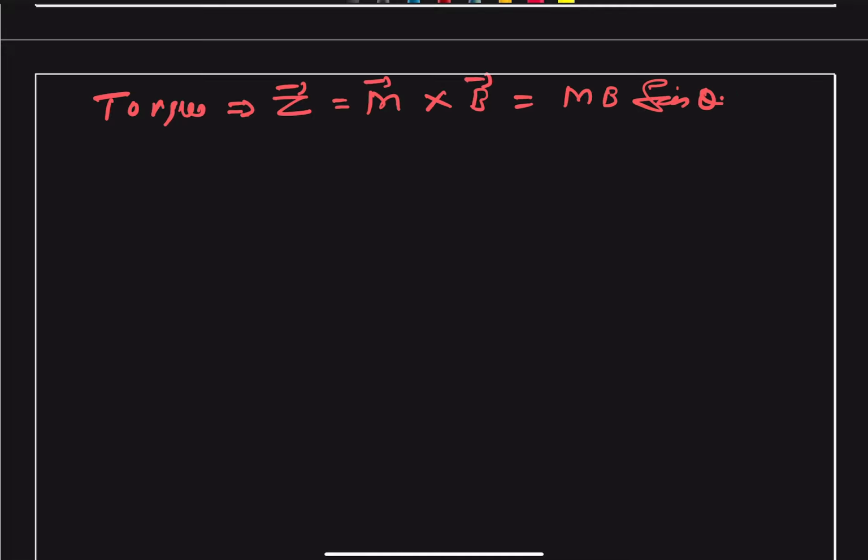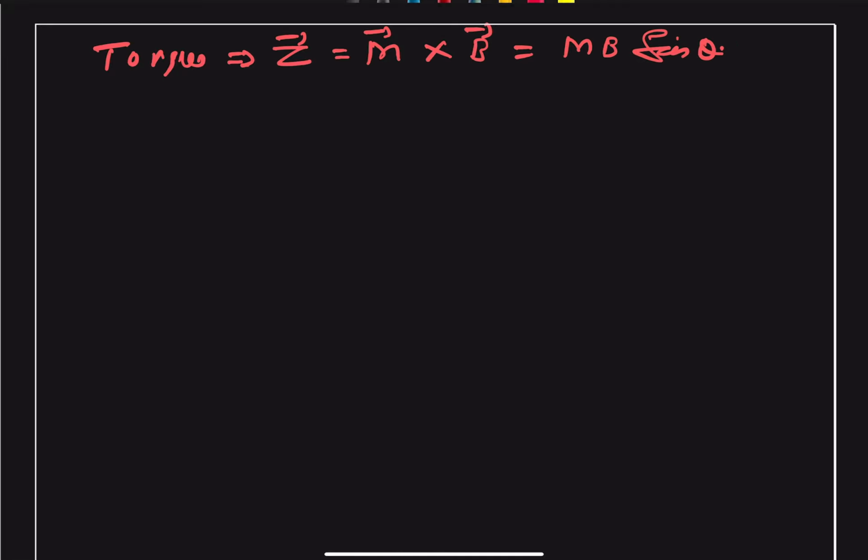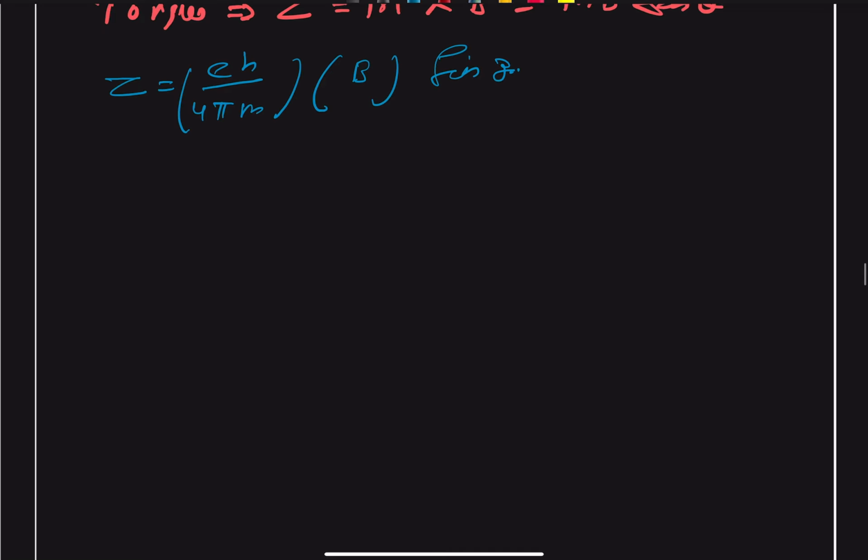And we already know M, so we can write torque is equal to eh upon 4 pi m, and here comes B, angle is 30 degree, sine 30 is 1 by 2.